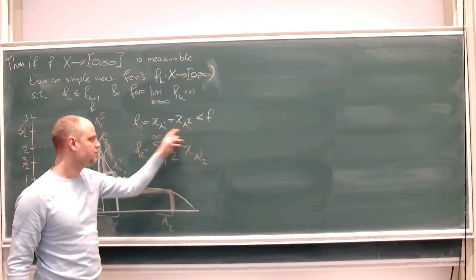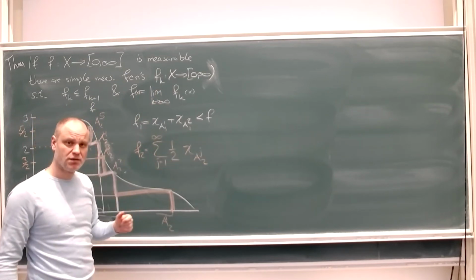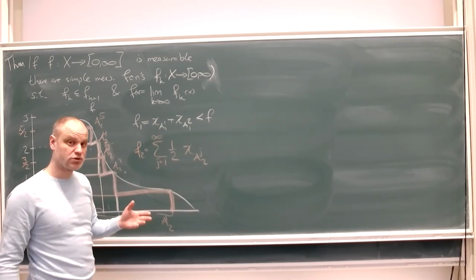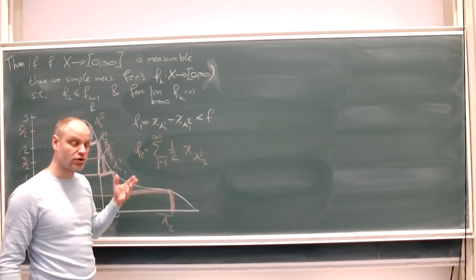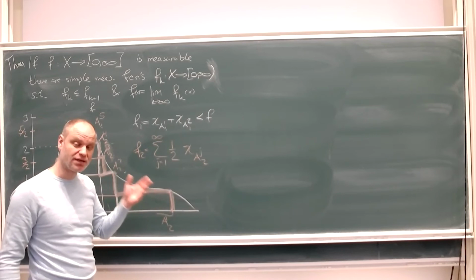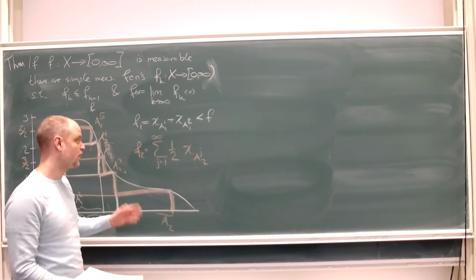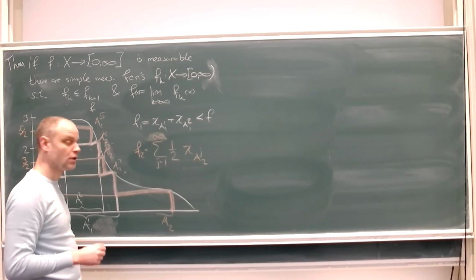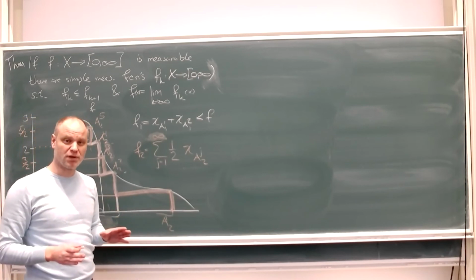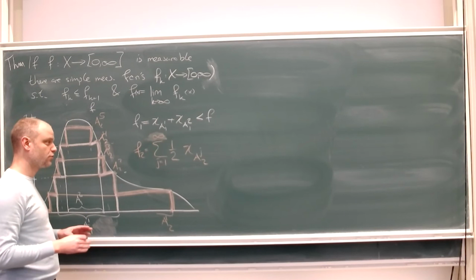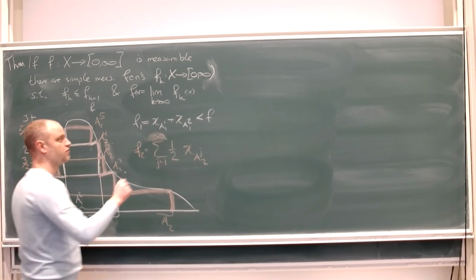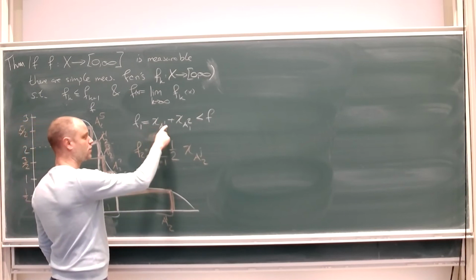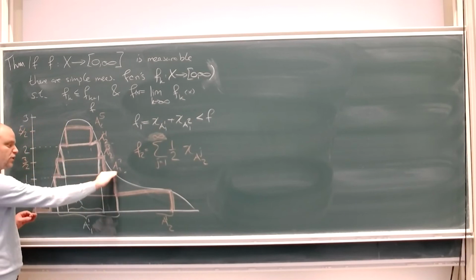Problem is that if I have infinitely many of these guys, then it's not a simple function because we want finitely many function values. So I have to get rid of this guy somehow. Okay, so now this is a problem. So what if we do this? The first time, I only stop when I reach the height 1.